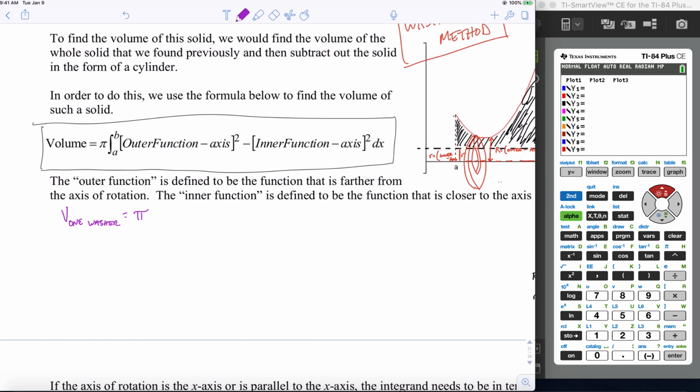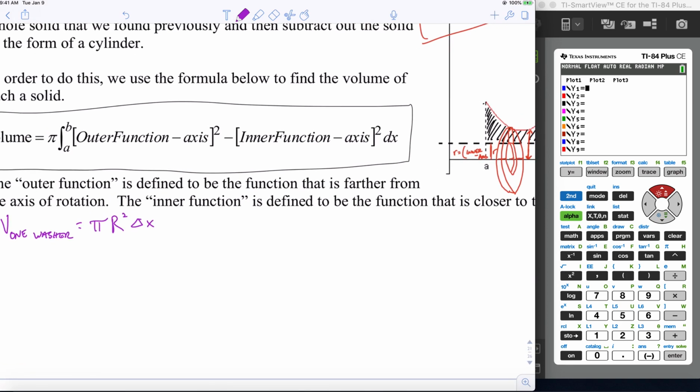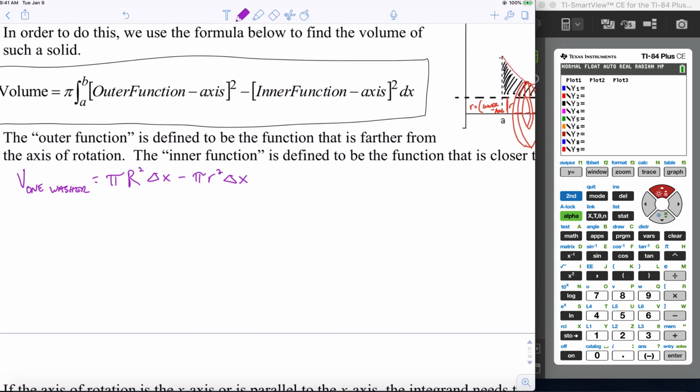It's going to be pi times capital R squared times delta x, because that's the width. And then minus the inner disk, and that's what creates a washer because we're taking out the inner disk, which is pi times little r squared times our height, delta x. Notice that we can factor out a pi, so we'll have R squared minus r squared, and we can also factor out our delta x and leave it at the end.